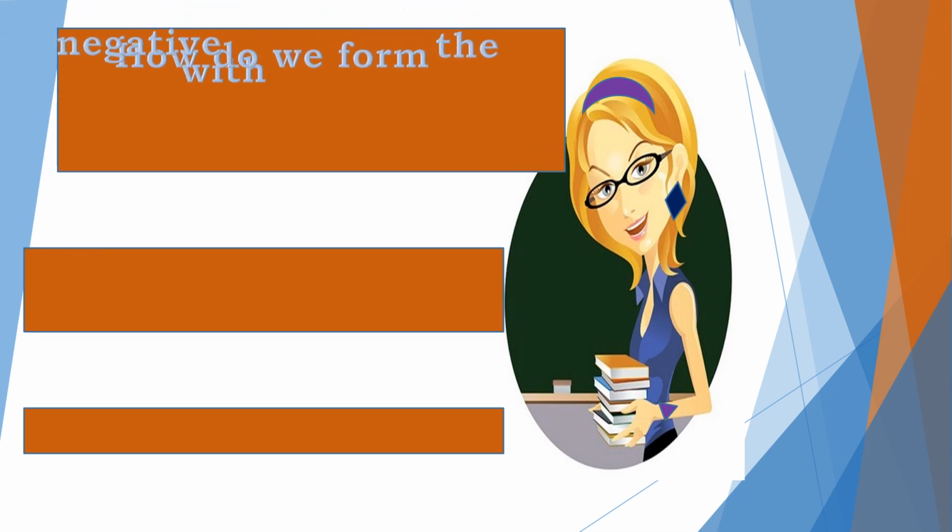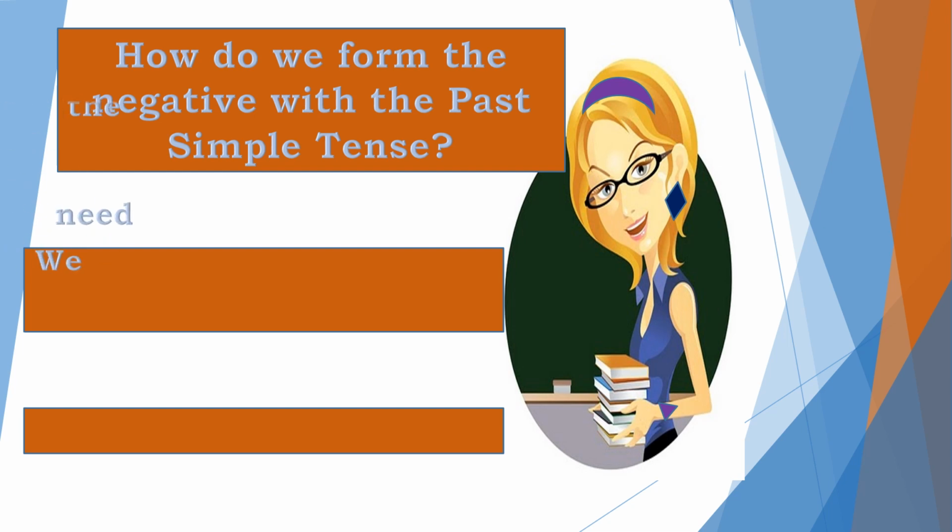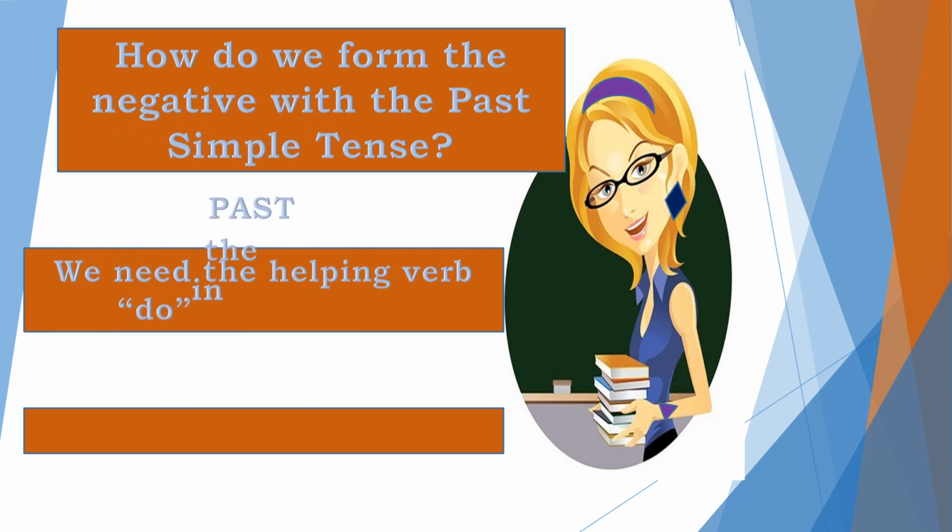How do we form the negative with the past simple tense? As we said before, we need a helping verb. If you remember when we were talking about the present simple tense, we said that we need a helping verb, which is do, that helps me to form the negative.